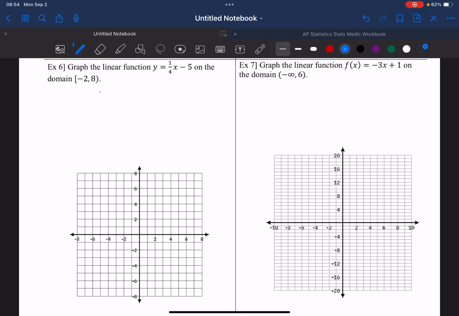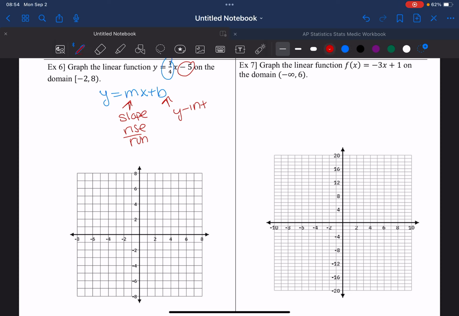So remember, y equals mx plus b, where m is your slope, so your rise over run, and b is your y-intercept. In our case, we have the y-intercept of -5 and our slope of 1/4, meaning up 1, right 4.